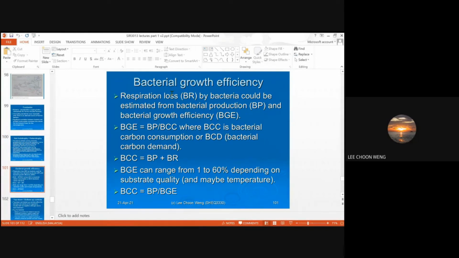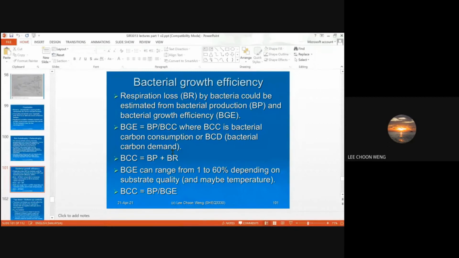Okay, so this is the calculation of growth efficiency. We need to know, sometimes, the bacterial growth efficiency because measuring bacterial respiration is difficult and not everyone does it.